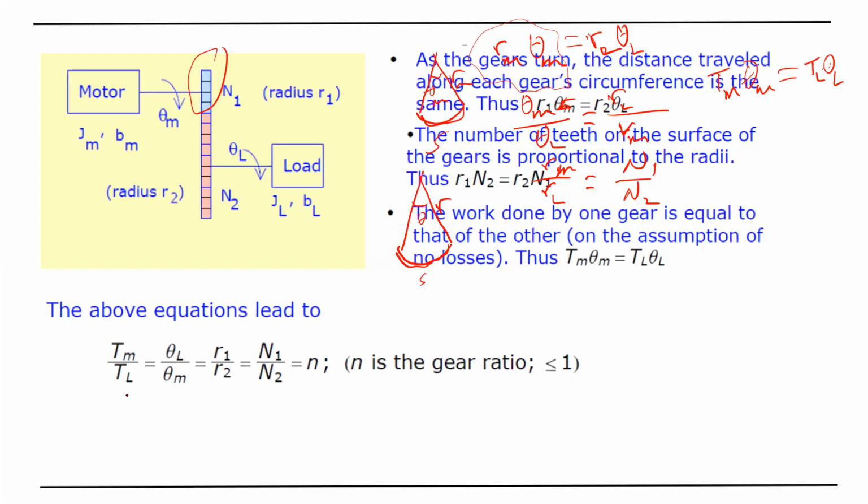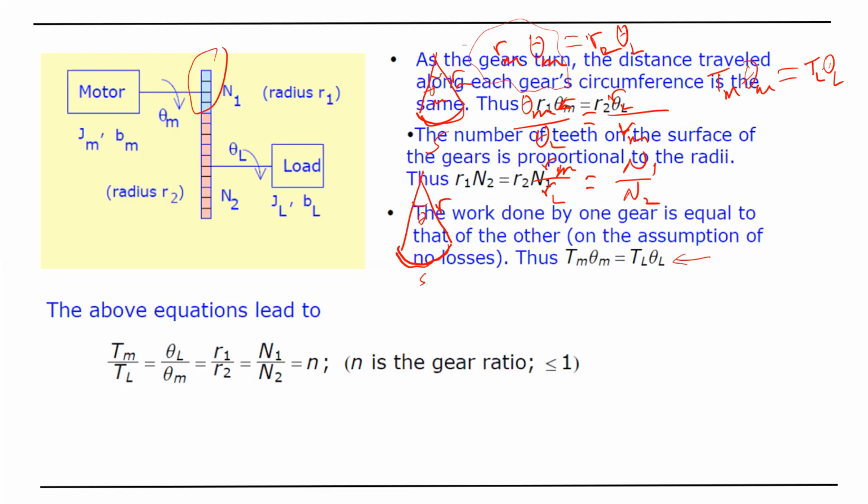Tm to TL equal to theta L to theta M, R1 to R2, N1 to N2. This is from the fact which we mentioned now. Now, as I said, the objective in here is to reflect everything to the motor side.